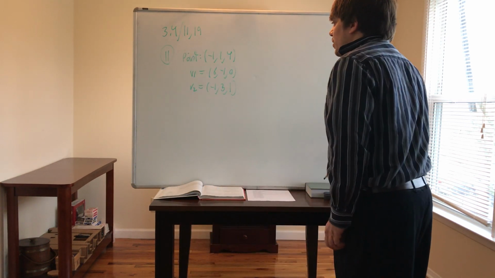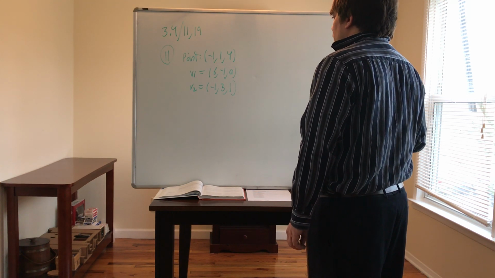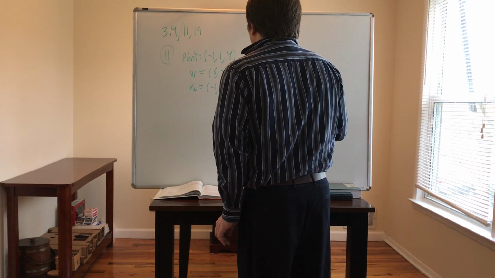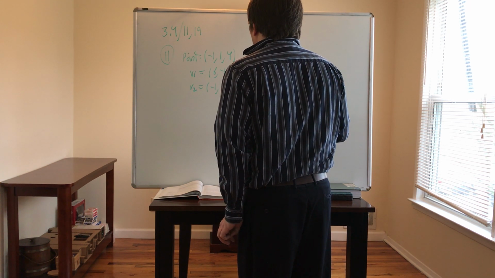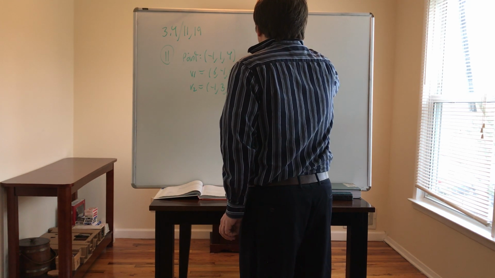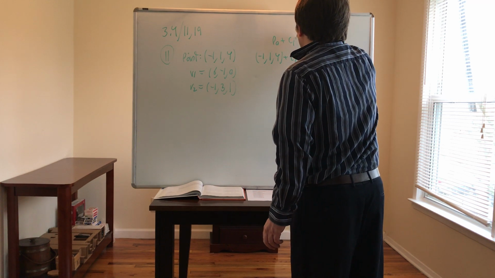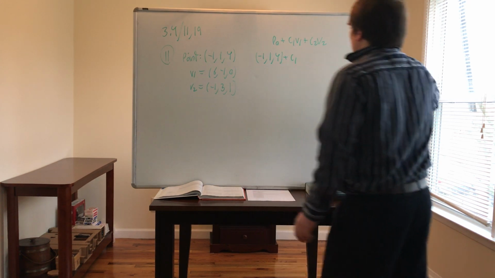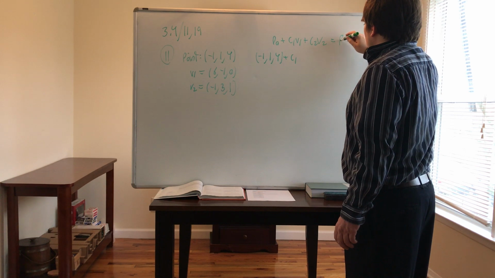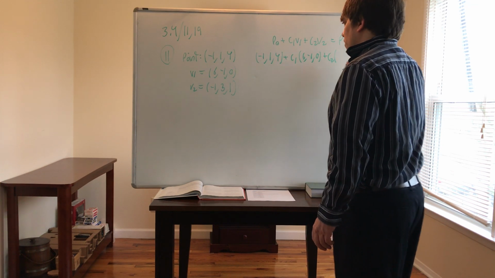A general form of that equation would be, if you start with this point and add constant multiples of the vectors: P naught plus C1 V1 plus C2 V2 is equal to your arbitrary point P. Let me fill in everything here, and I'll go into some more detail on what this means.